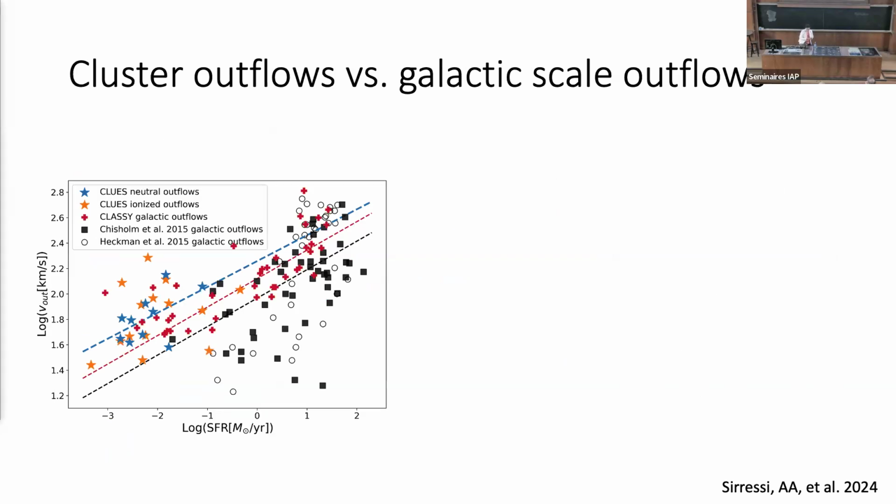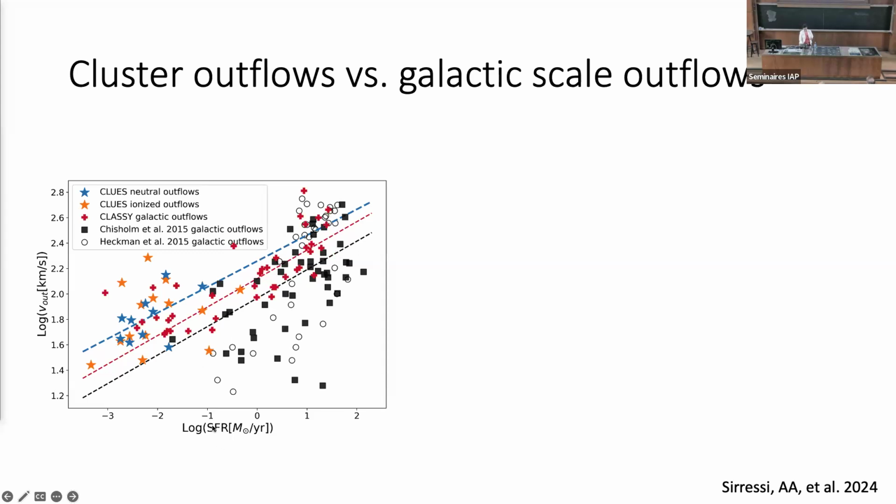When we compare this outflow velocity with galaxies, because this is a field where you study how the energetics of star formation within galaxies create galactic scale outflows, you see the galaxies are these red symbols, or black open symbols or thick symbols.